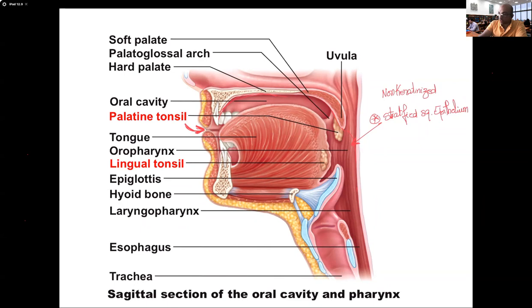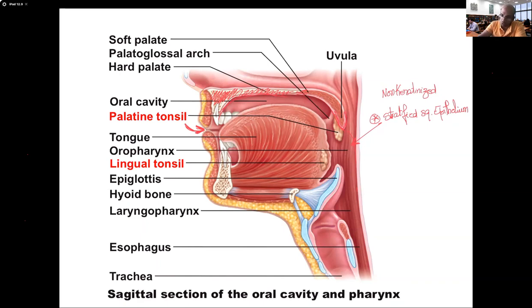Looking here at the structures related to the oral cavity, we can see the anterior two-thirds of the palate. It's the hard palate, formed by the palatine process of the maxillary bone and the palatine bone. Posterior to it, we have the soft palate and the continuation here hanging down in the midline.